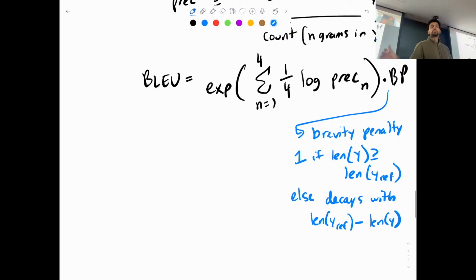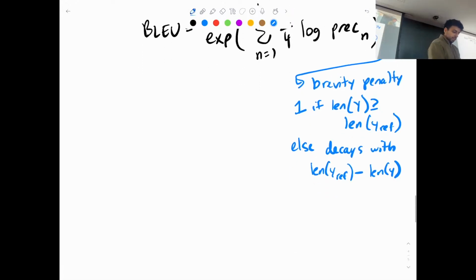It's not important to know exactly how this brevity penalty is implemented, just that basically your score goes down as your candidate translation is shorter than your reference translation. So let's take a look at a simple example to show you the pros and cons of this metric.